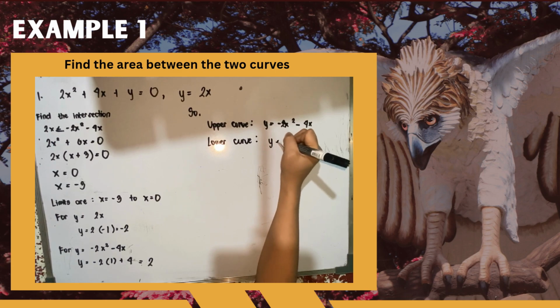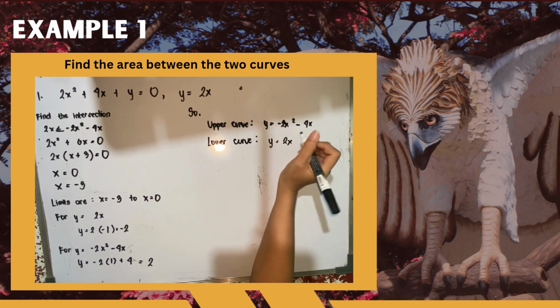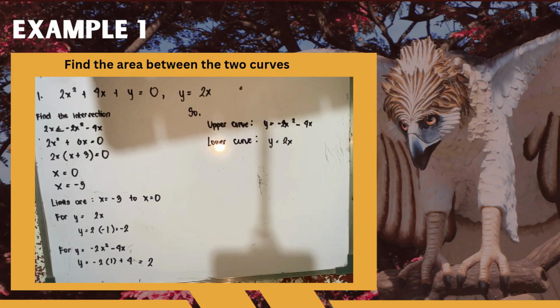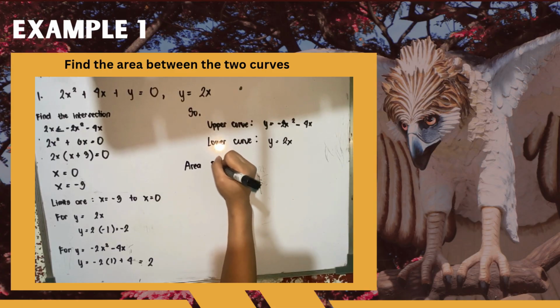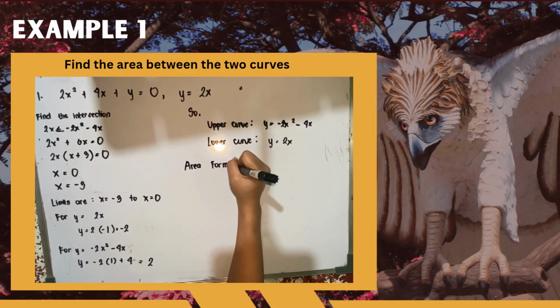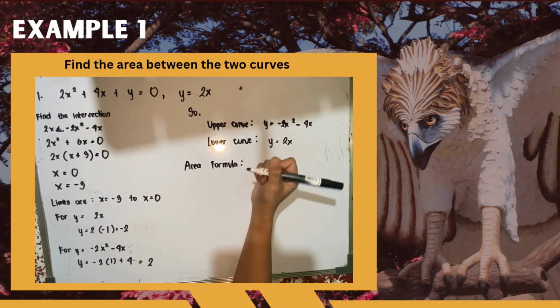So for the upper curve, we have y equals negative 2x squared minus 4x, and for our lower curve, we have y equals 2x. So let's proceed to the area formula.